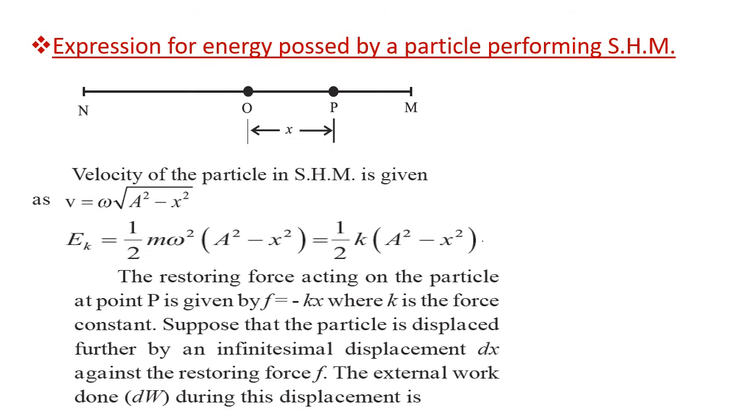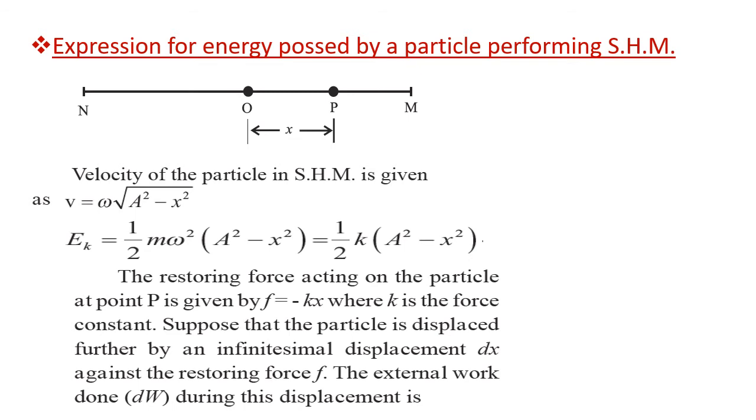So when we have to derive the expression for energy possessed by a particle, first we should know what will be the kinetic energy possessed by the particle and what will be the potential energy possessed by the particle.